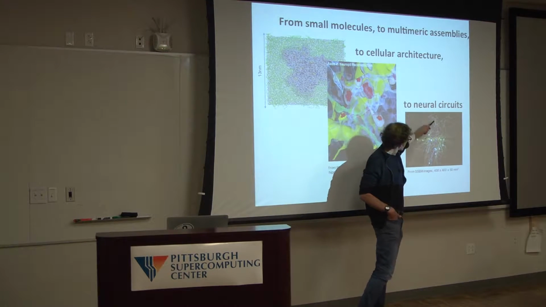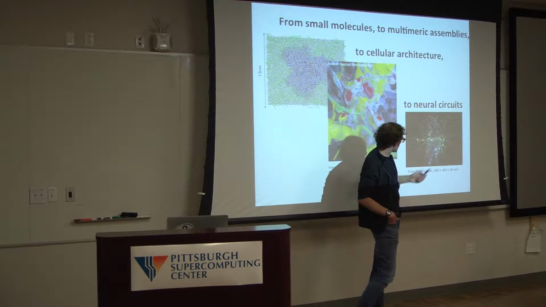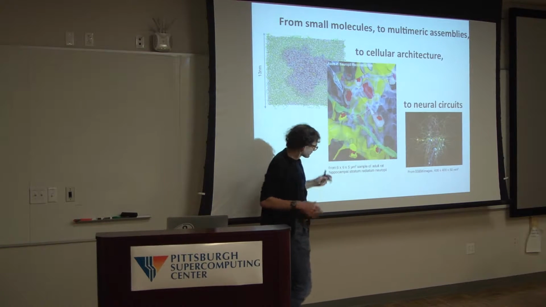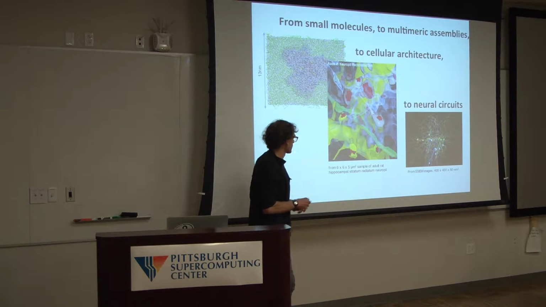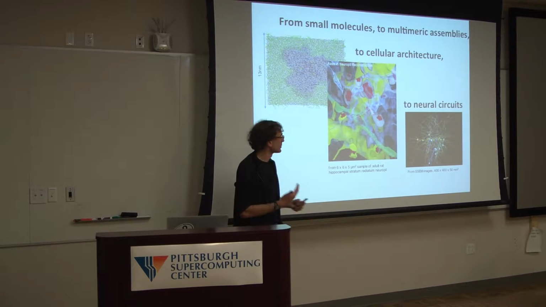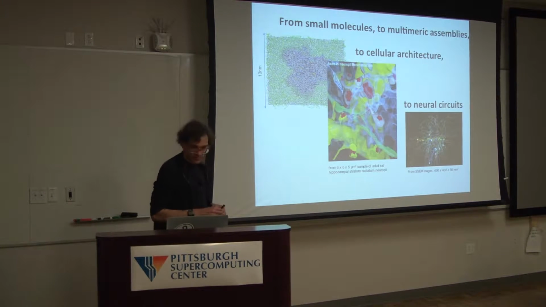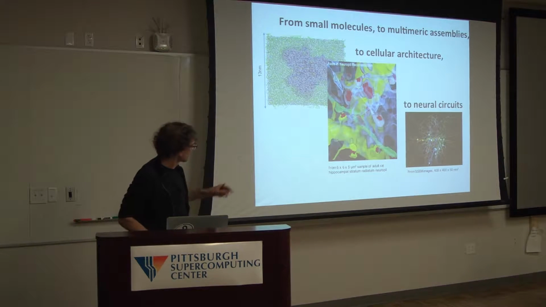And then finally, at a higher level, reconstructing complex neural circuits at an even higher spatial scale, so how cells interact with each other and how their interactions affect signal processing and behavior at the highest level.